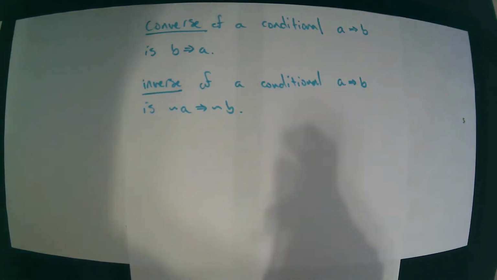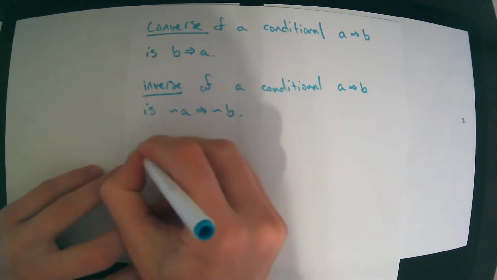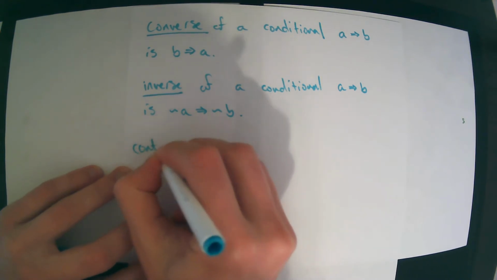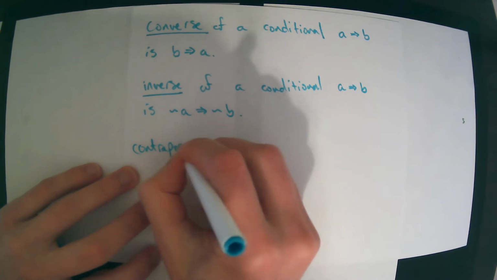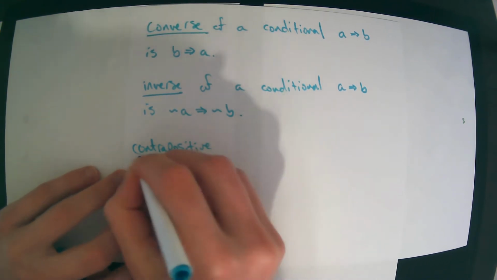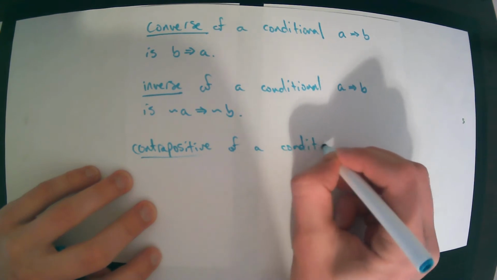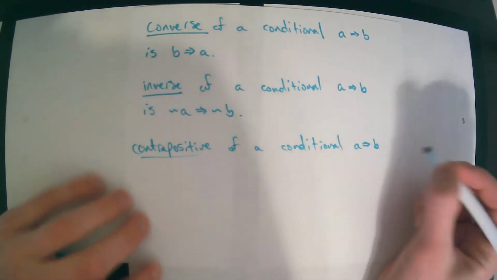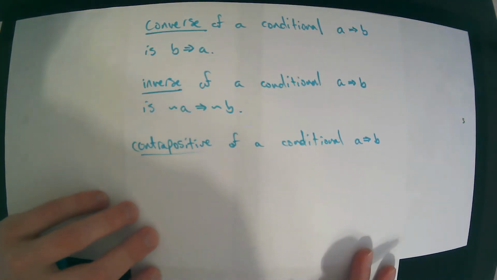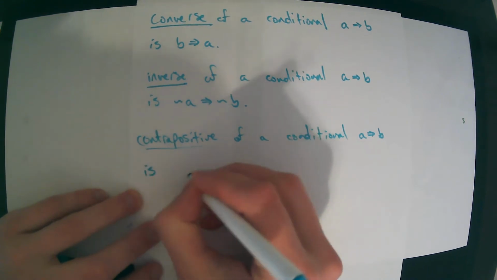Now the last one is really interesting. It's kind of a combination of these two. It's called the contrapositive. C-O-N-T-R-A, positive. The contrapositive of a conditional, you flip the order and you negate both of them.